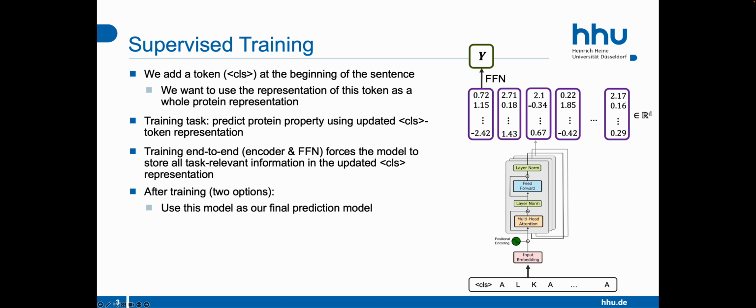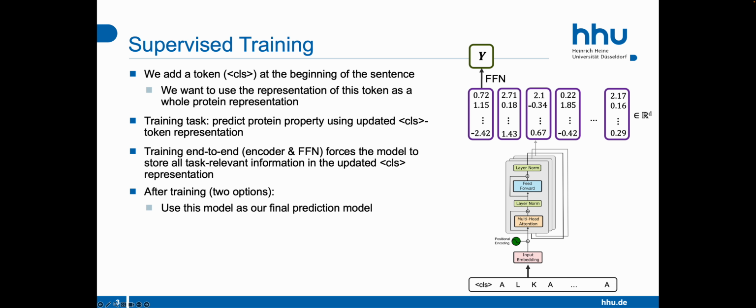After we trained this model, we have two different options. Since this model was already trained for our task of interest, we can simply use this model as our final prediction model. However, sometimes you get better performance results if you extract the protein representation from this fine-tuned model and use it as the input for another machine learning model, for example, a gradient boosting decision tree model.